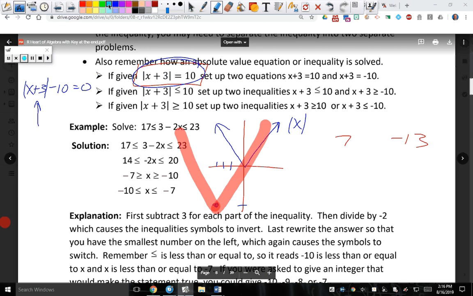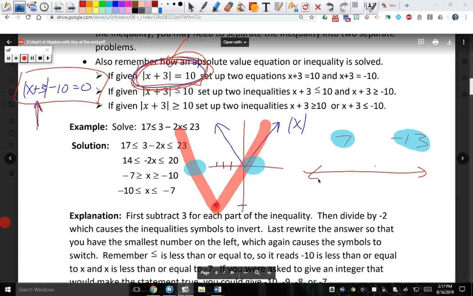Our answers are going to exist, and it's a rough sketch, right there and there. The fastest way, and you literally can do this in a matter of 5 or 10 seconds, where most people will take a lot longer, is to see that the center is at negative 3, right here, from this form right here, and it has a jump of 10. 10 over this way, 10 over this way.